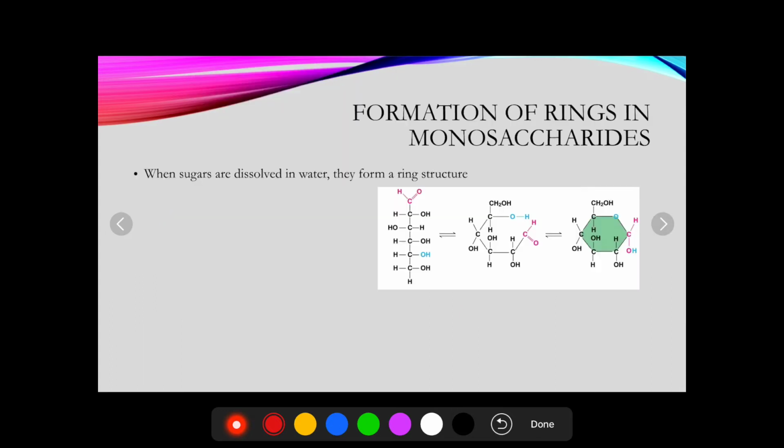All right. So an important thing that we have to know is that in crystalline form, you can end up with this kind of linear structure. But most of the time, when you put sugar in water, a good chunk of it is going to form into what is called a ring, for obvious reasons because it loops back on itself.